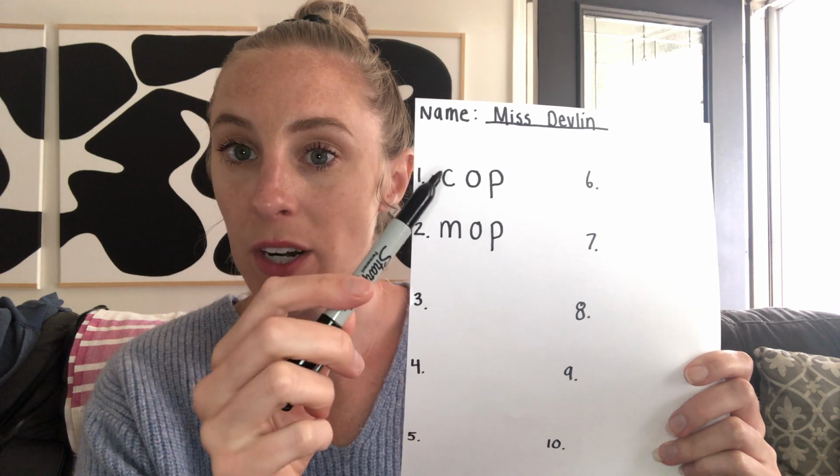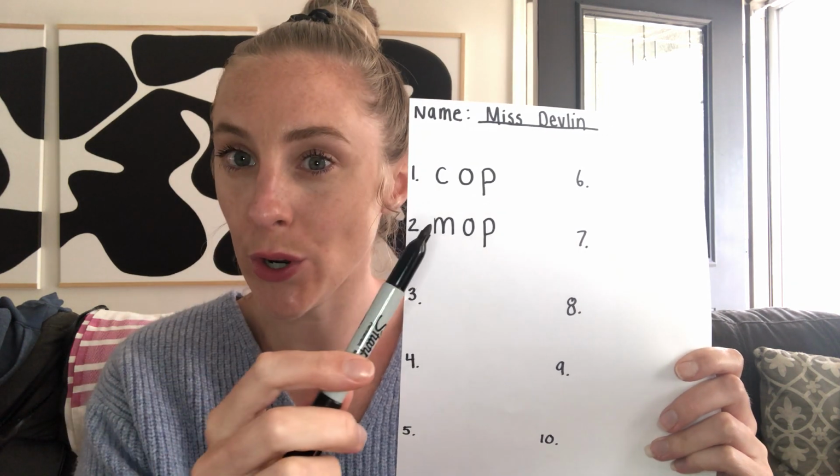So we changed the word cop to the word mop. Now, we're going to change the word mop. Here's a hint. It's not always going to be that first sound. So you really have to listen carefully and think, which one of these sounds is not like the other?